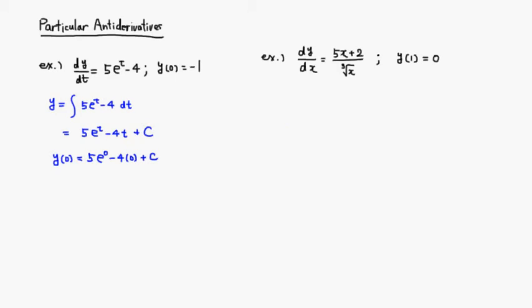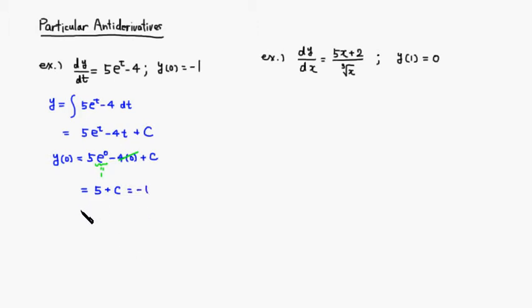You can see that 4 times 0 is 0, so you can just ignore that. And remember that e to the 0 is 1. So this is going to be 5 times 1, which is 5, then plus c. This is supposed to be negative 1, so we set this equal to negative 1.